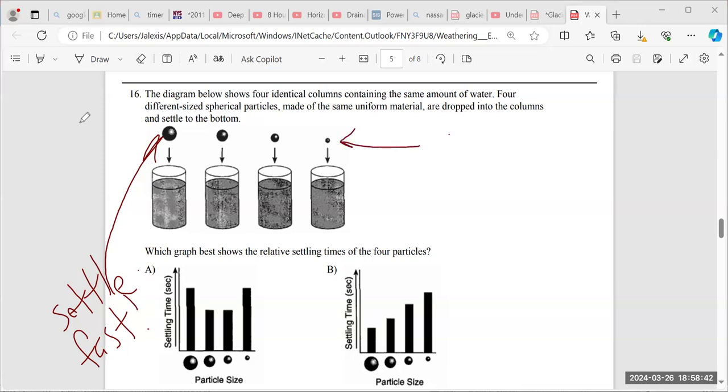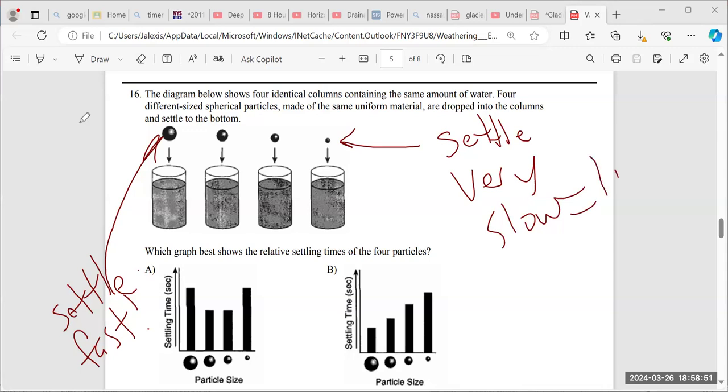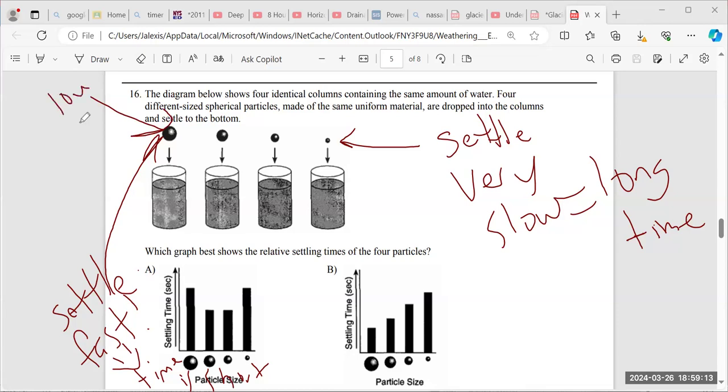The smaller the particles, the slower they settle, which means it's going to be a long time to settle. Bigger particles settle fast, which means time is short. So I definitely got to pick one where the bigger particle has the lowest time, and the small particle has the longest time.